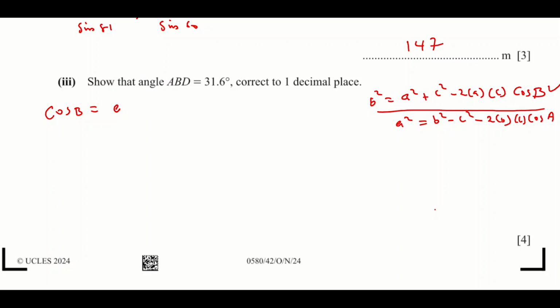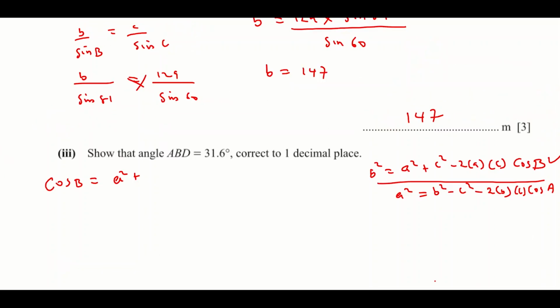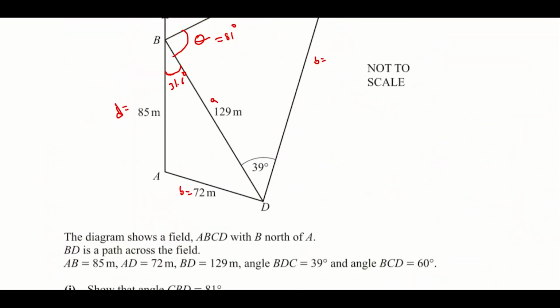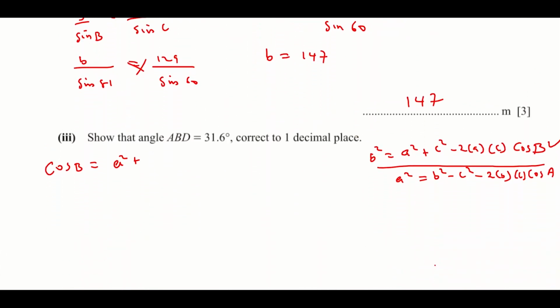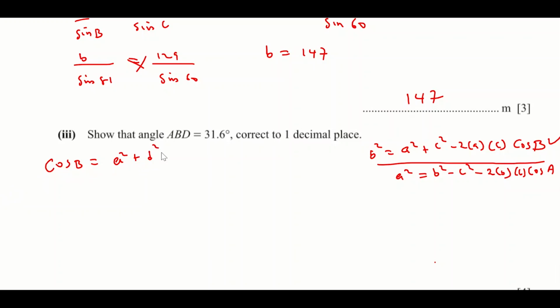So it will be a squared plus d squared minus b squared. You can see this is why you have to understand it, not just memorize it. Then everything over 2 into a into b into d.